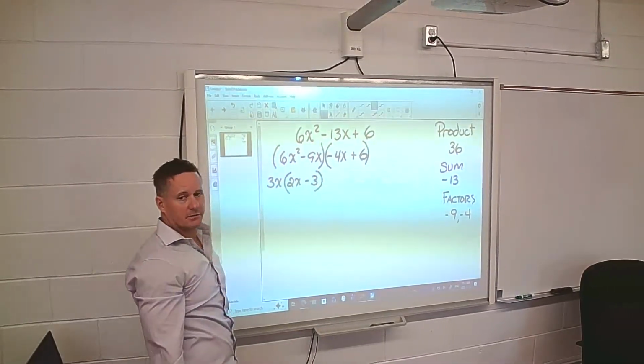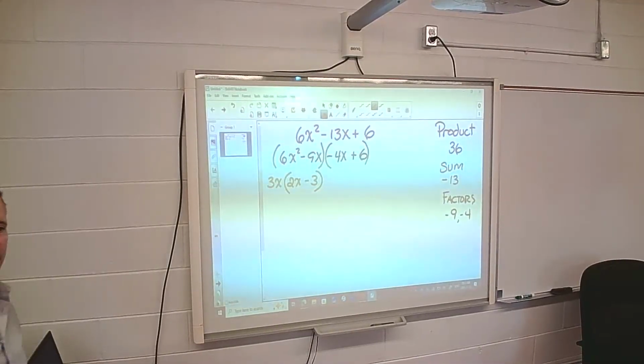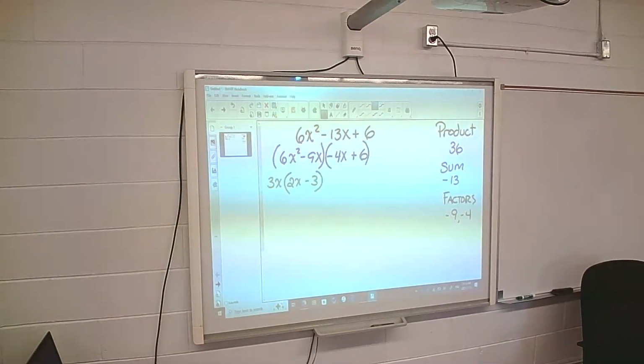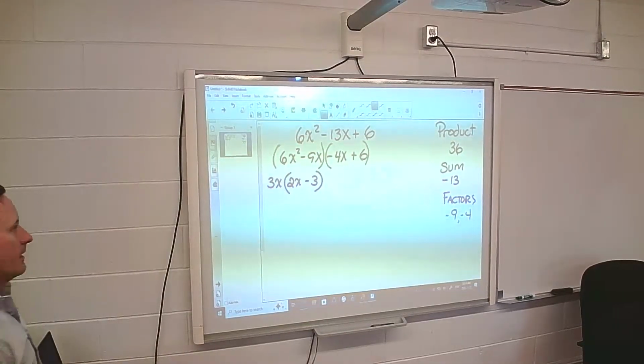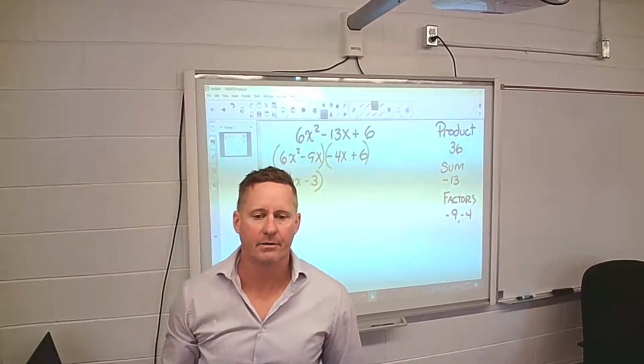Take away 3. Is that what I heard? Yeah. And then in the first and the second set of brackets, what's the common factor? 2. If this is a negative, you will always factor the negative out of there.